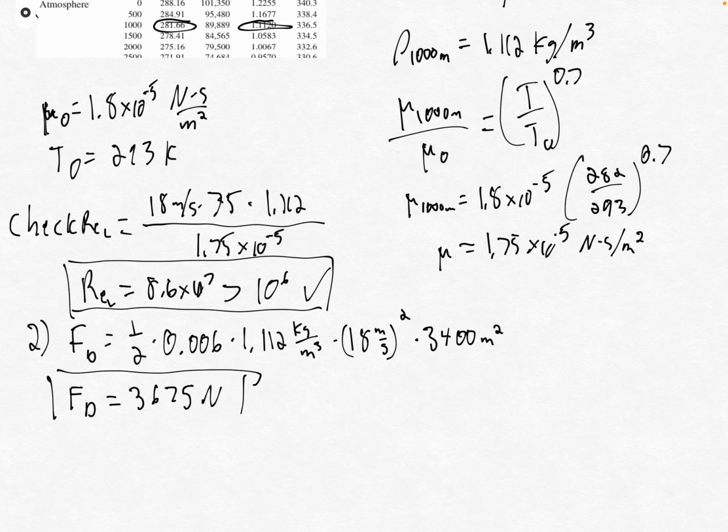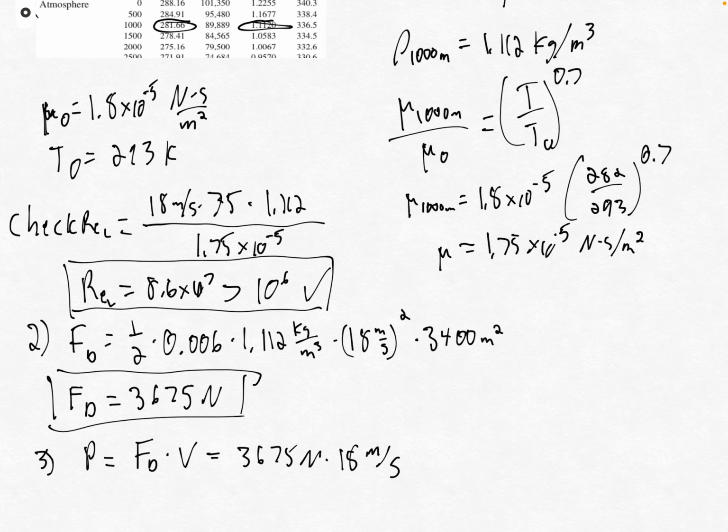Okay, so we have our REL up here, our drag force right here, and now to compute our power, which is the final thing that we're looking for in this problem. This is just the aerodynamic power, which is really the relevant power that we have here for this blimp. This is going to be a drag force times the velocity. So this is 3675 newtons times our velocity, which is 18 meters per second.